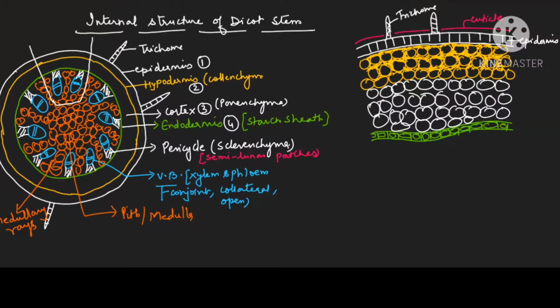Now next layer will be of the pericycle, which is present in the form of semilunar patches over the vascular bundle. So first of all, let us draw two vascular bundles, because we have taken two only. So these are the vascular bundles drawn.